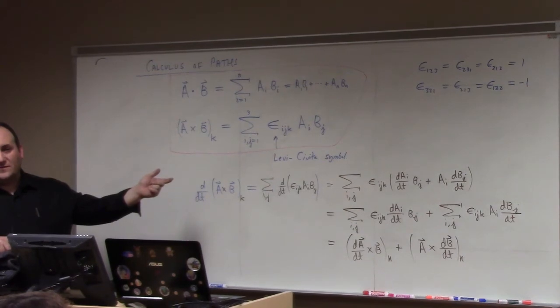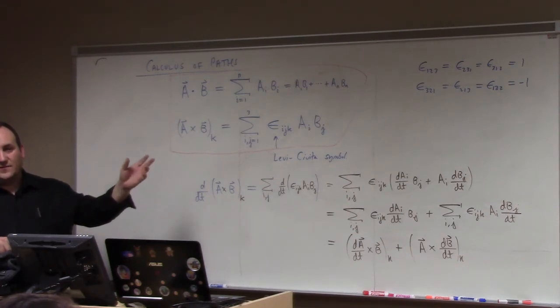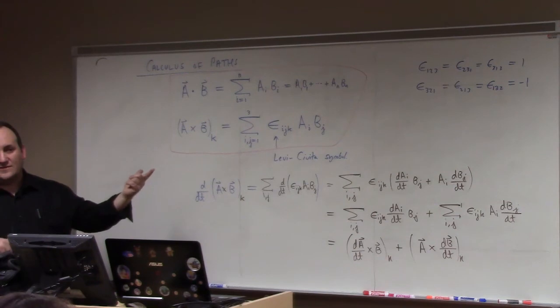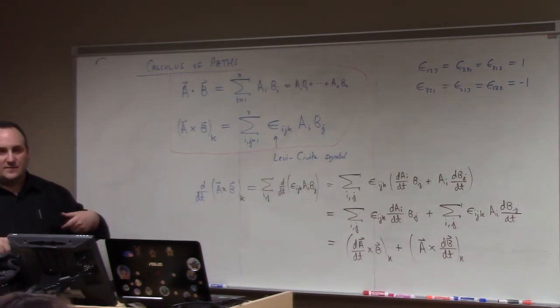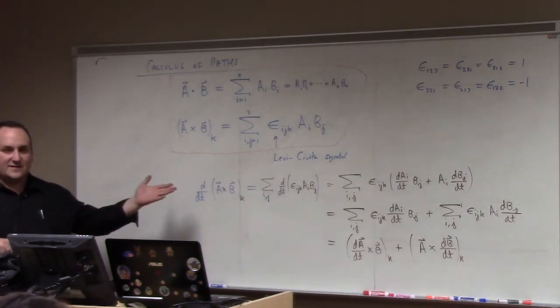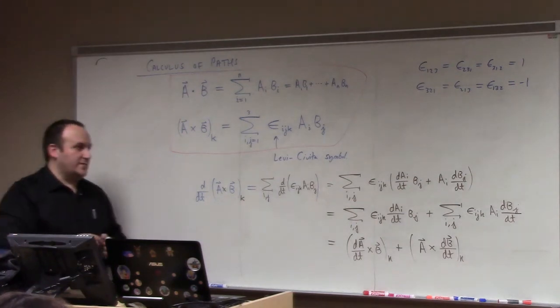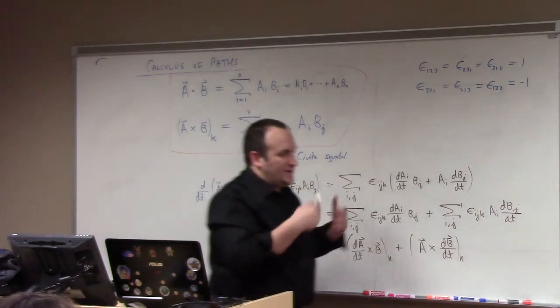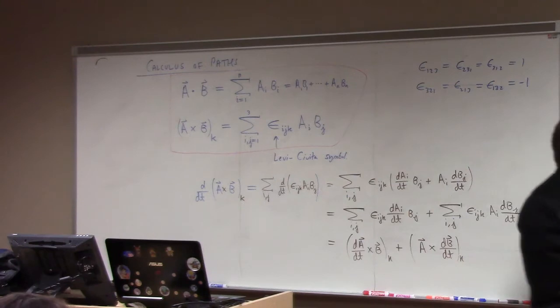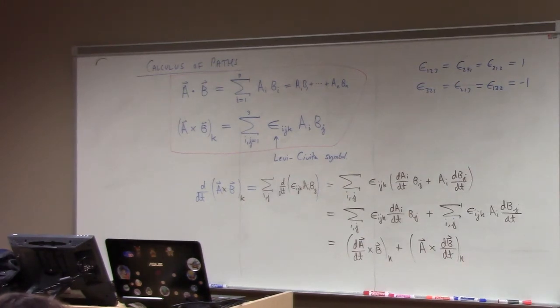So if you were to differentiate the cross product directly, that is costing you 6 product rules. You then have to take those things and rearrange them and identify that of those 12 terms, 6 of them go into the one cross product and 6 of them go into the other. And that's why I like this notation. I have seen the brute force method; it's not impossible to do without this notation. I just prefer the notation. Anyway, enough about the notation.